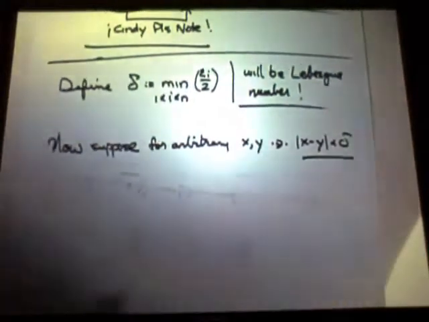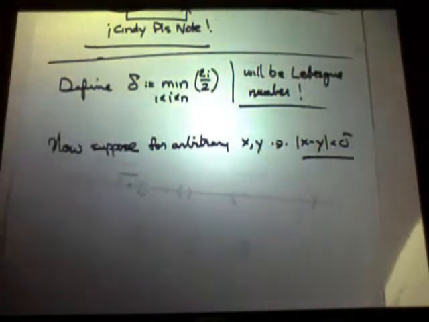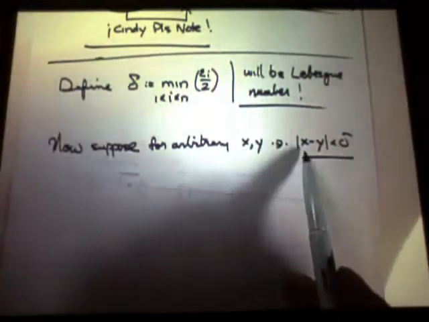In other words, the points in a set are never more than delta apart. So all the points in some set here have the property that they're not ever more than delta apart.